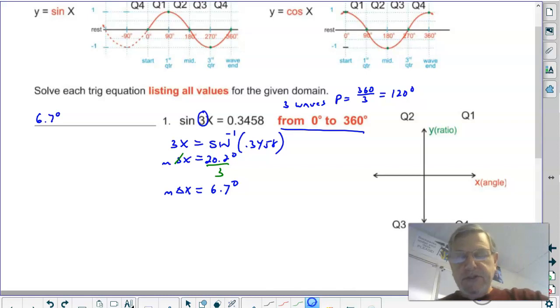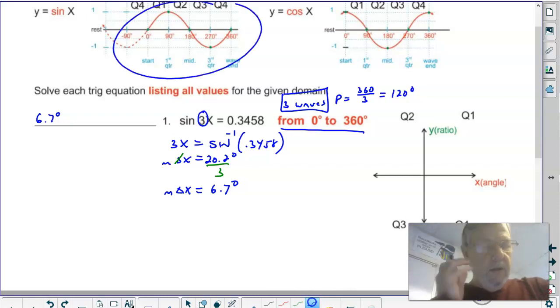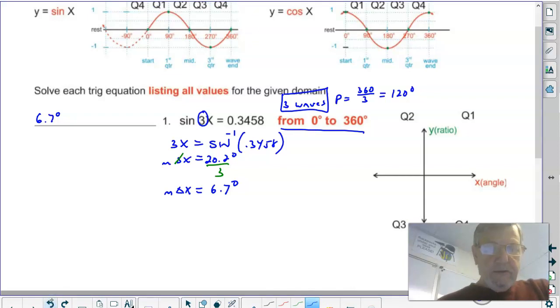But what I have to understand is that I'm going to get 3 waves in the course of 0 to 360. And within one wave, I'm going to get 2 values. So let me go up here for you right now. We're dealing with the sine, so let me go up here. So please understand that this is now 120, right?